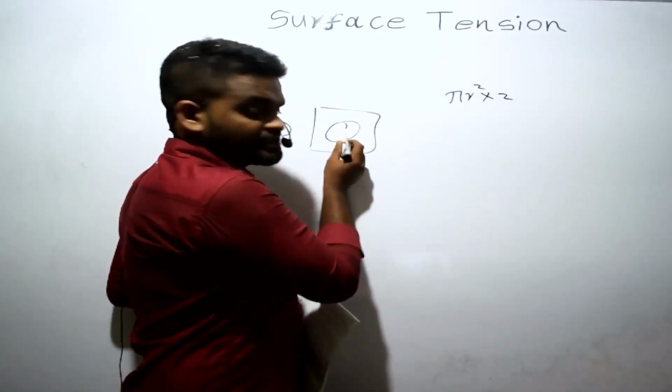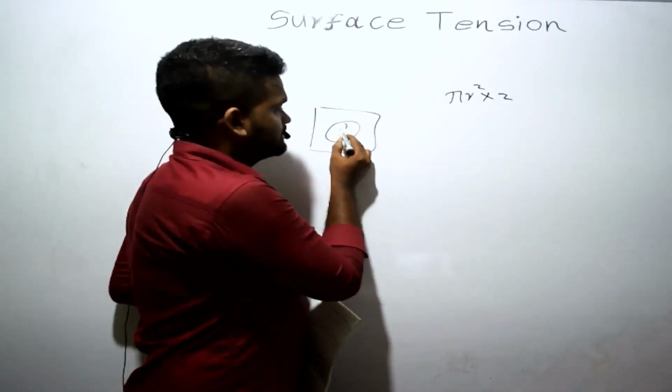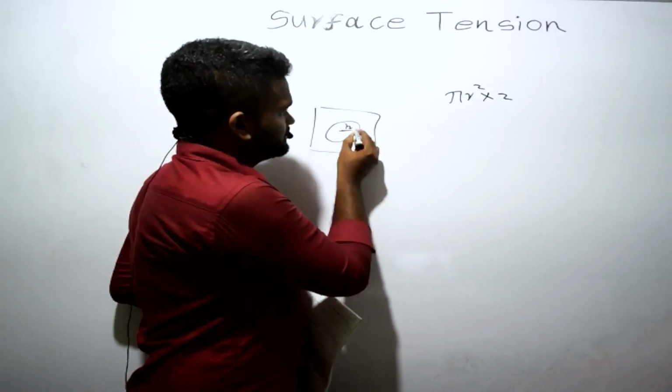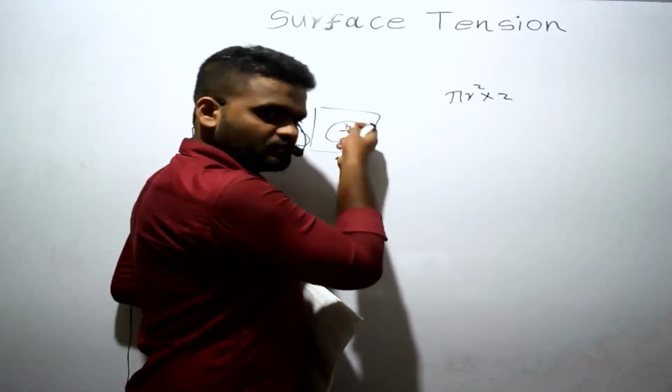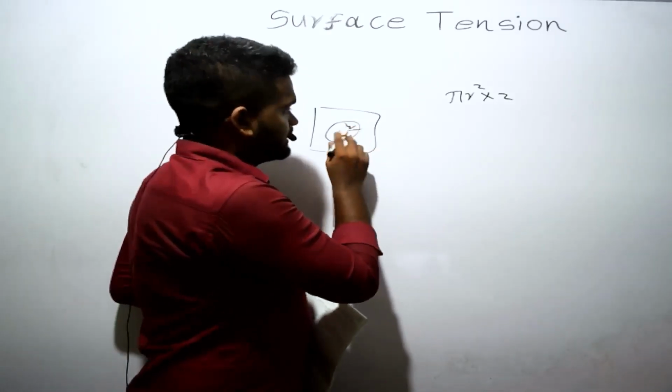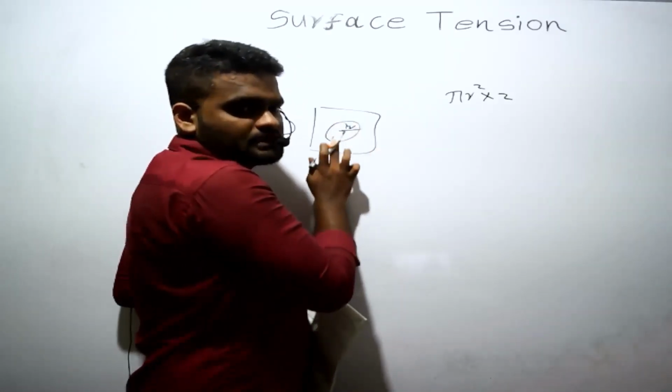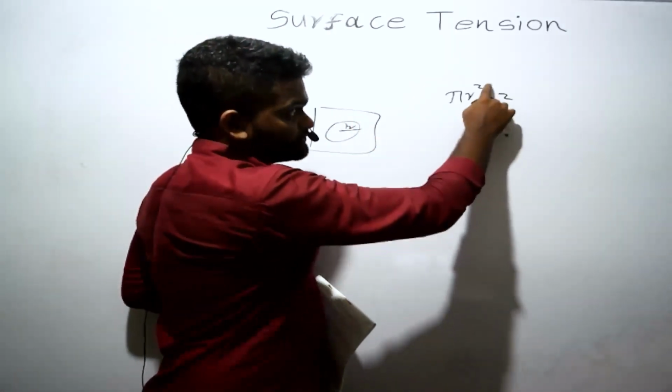So when you puncture this middle part, this pi r squared part is removed. But there are two layers, top and bottom layers. That's why pi r squared times 2.